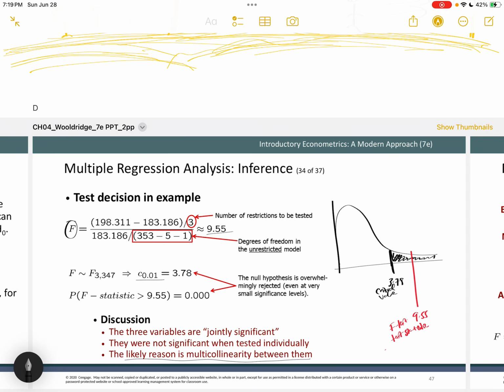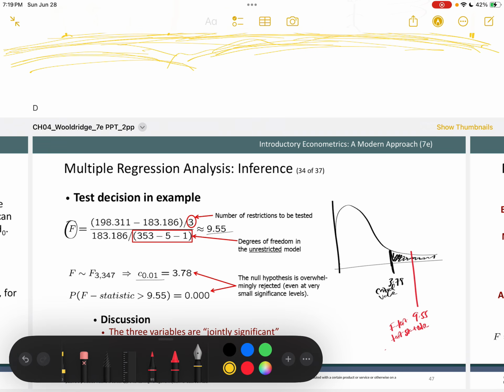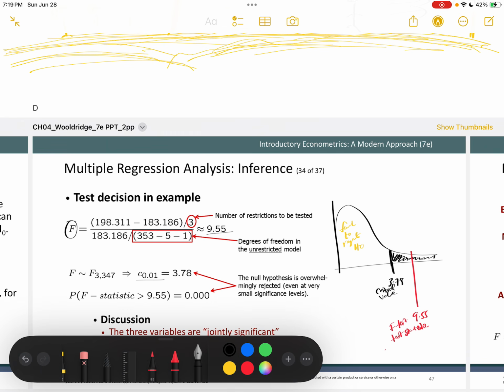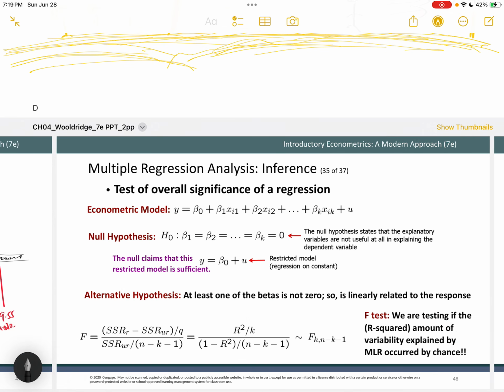And what is the stuff in black? The stuff in black is your critical value. And the area to the right of the critical value is that significance level, in this case 1%. So you can see that our f-test falls in the reject H0 region. The unshaded region is the fail to reject region.